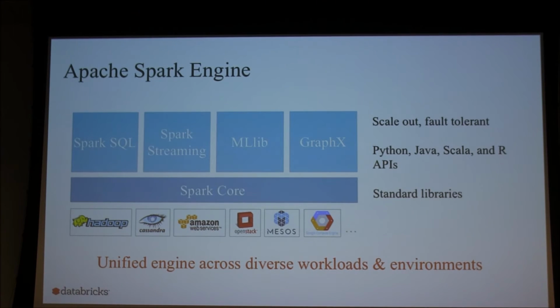Then you'll see Python will lag a little bit behind as far as the functionality that we expose, or it's possible that there's some functionality that's simply not available, and then R a little bit behind, but never more than about 3 months on average. I would say 6 months would be a very long time before you would see us create new core functionality in the Spark core that isn't available in one of those APIs. It's kind of our commitment.